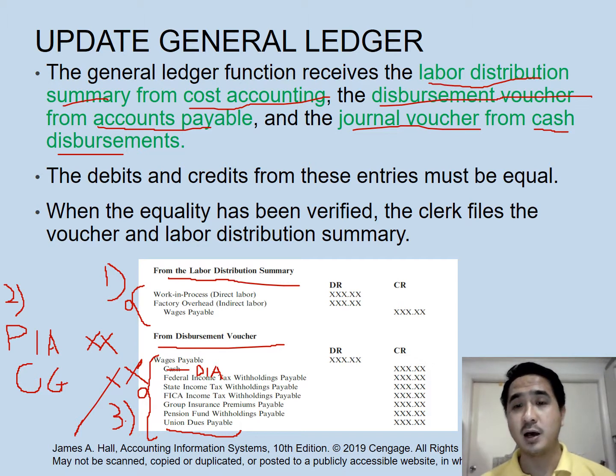It's a form of control because whenever the payroll imprest account has a balance, so it is not closed or does not zero out, for example, it contains similar amounts every pay period, most probably there is something wrong.